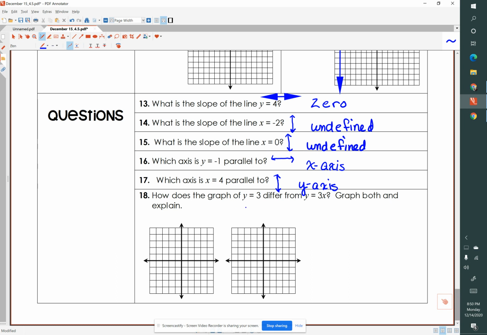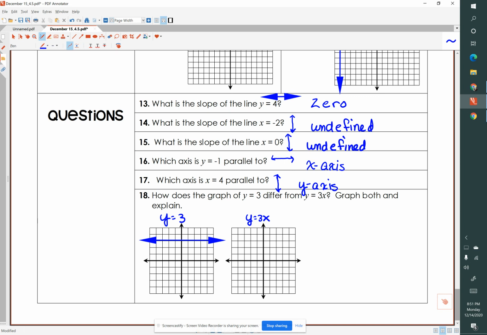And it says, how does the graph of y equals 3 differ from y equals 3x? Graph both and explain. Well, y equals 3 is a horizontal line at 3, so that will go from here to here. So that would be y equals 3. Now we're going to draw y equals 3x.